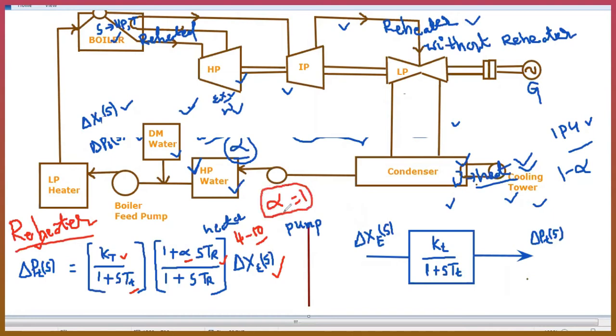Substituting alpha equal to 1, the term 1 plus S TR by 1 plus S TR cancels. Then we have delta PT of S equal to KT by 1 plus S TT multiplied by delta XC of S. The reheat term completely vanishes. Finally, it is represented in a block diagram like this.